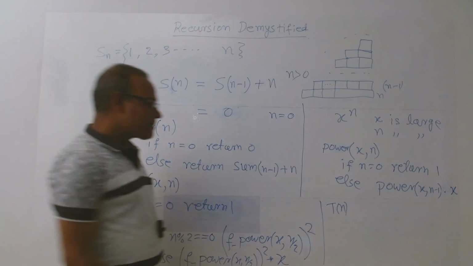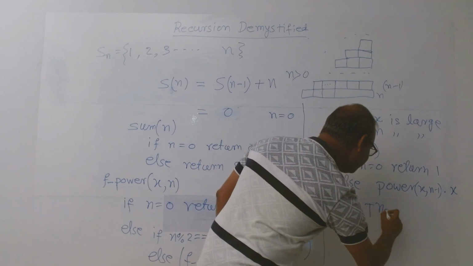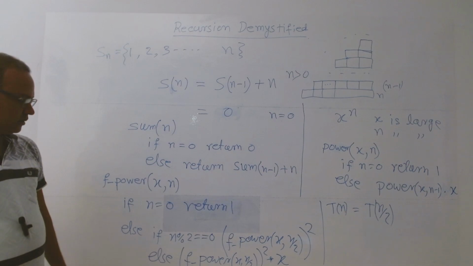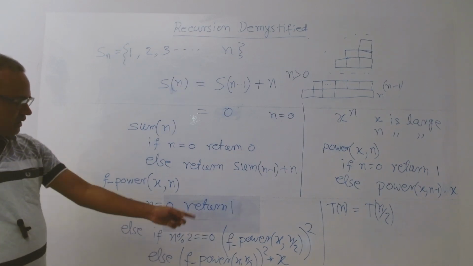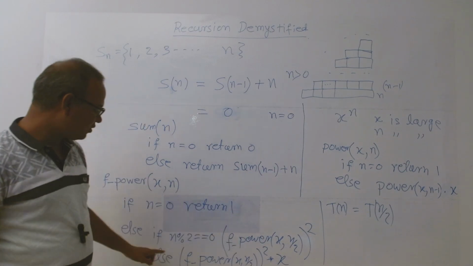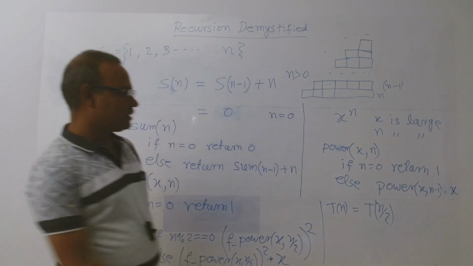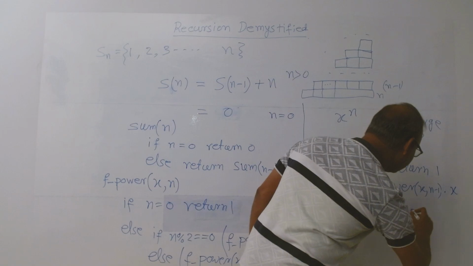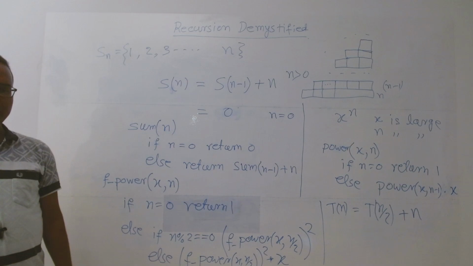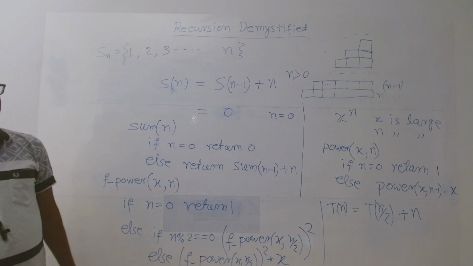It is computing T(n by 2), and for the multiplication you have to add the cost of integer multiplication. Let's say the cost of integer multiplication is n. It is calling T(n by 2) and making a square, so T(n) equals T(n by 2) plus n.